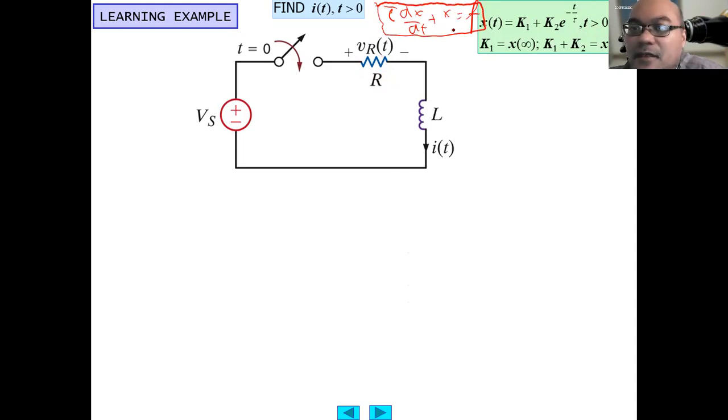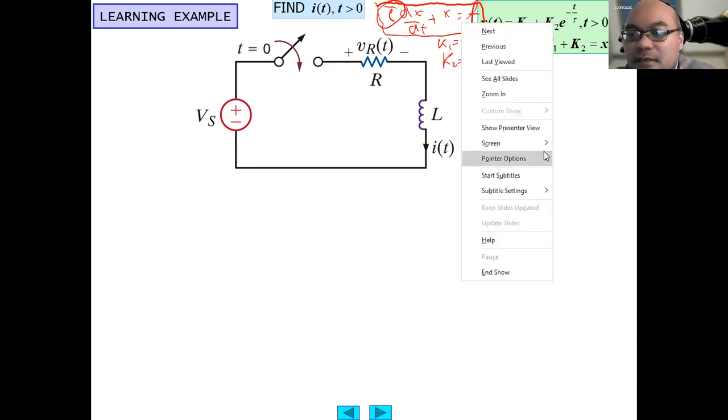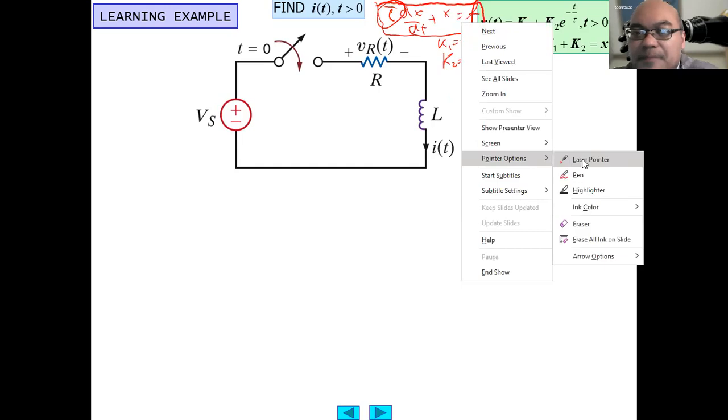From here we find tau. From the second step, the steady state analysis, we find K1 equals F. From the initial value analysis, we will find K2 equals the initial value X0 minus K1. So this is how we solve the problem in general.